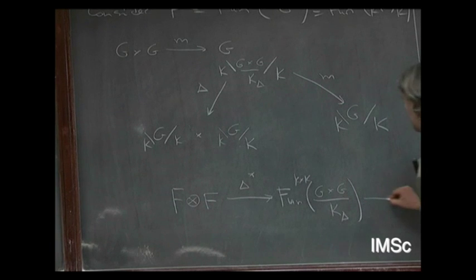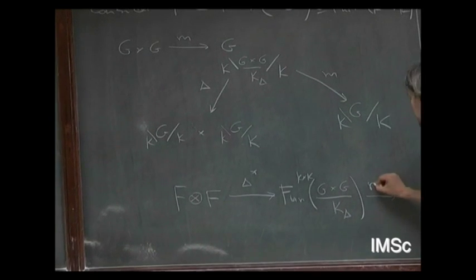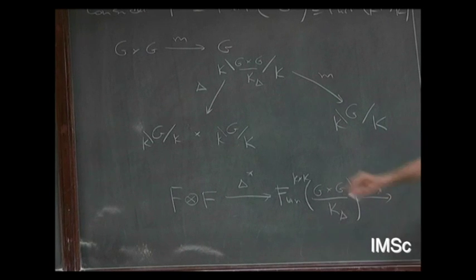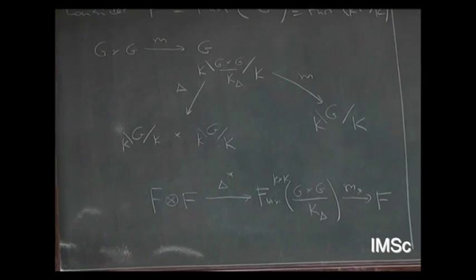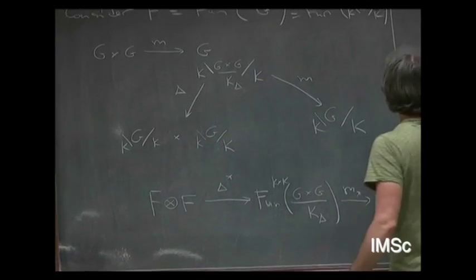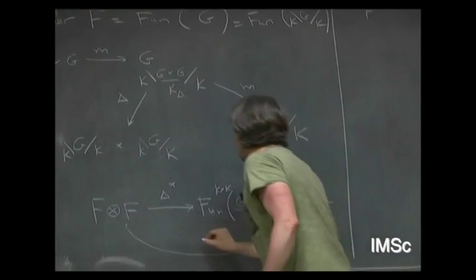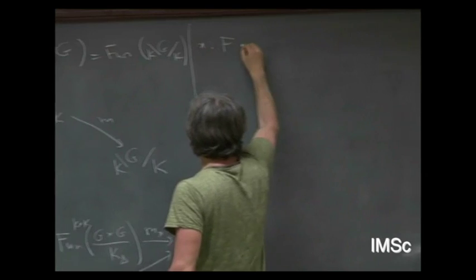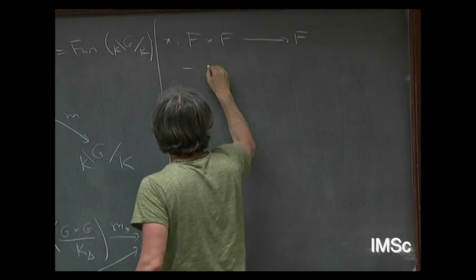And then, again like yesterday, we can push forward. We can integrate. So this is summation over the fibers of the map. So let's denote this total operation by star. This star is called convolution, and we have a convolution operation like this.